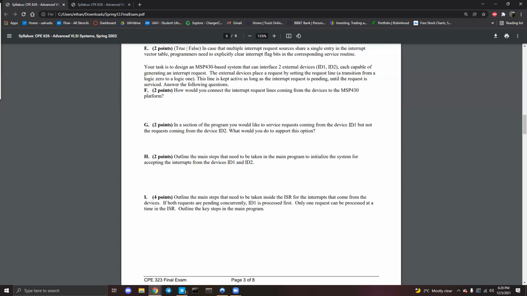But then H is: outline the main steps that need to be taken in the main program to initialize the system for accepting interrupts from devices ID1 and ID2. You pick whatever pins and ports you want to attach ID1 and ID2 to, and then you just configure them. He chose to go with P2.0 and P2.1 as his connected lines. Obviously we're aware of how to handle this. You would pick your pins, set their direction to input, and enable interrupts on the pins.